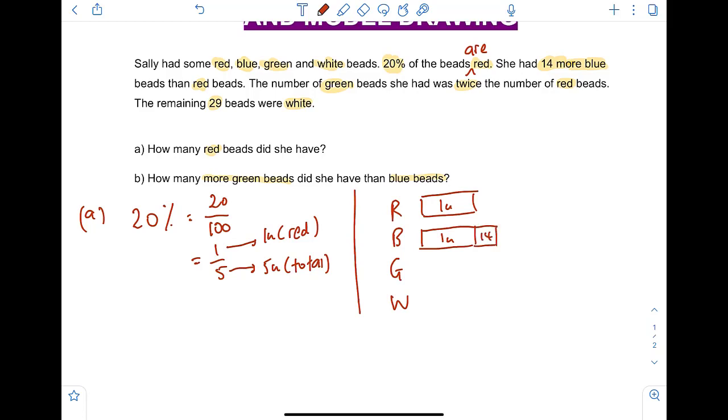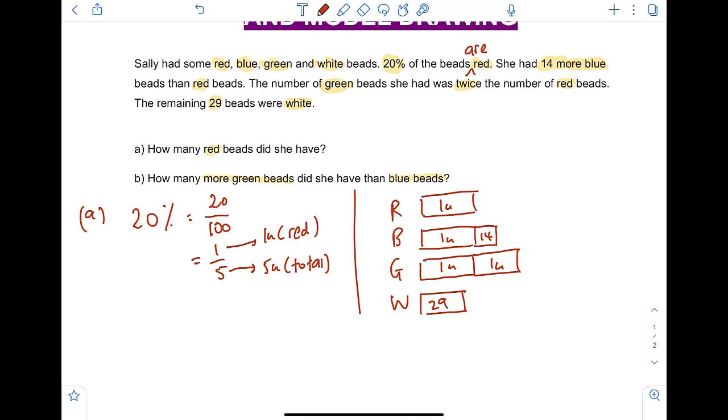The number of green beads was twice the number of red beads, so green will be 1 box plus another 1 box, a total of 2 units. And the remaining 29 beads are white. So 29 beads over here, I'm not sure how many boxes this is, but we know that it's 29 beads.